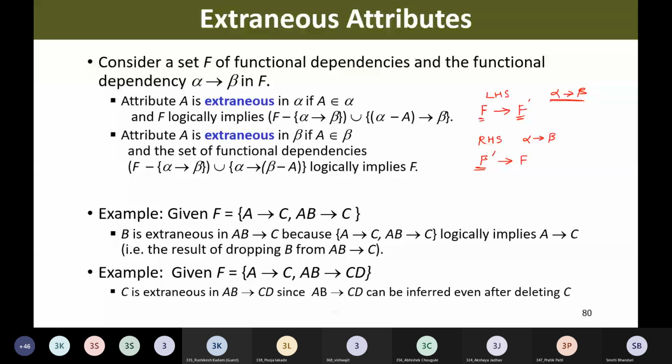I check whether F dash can determine the original set F. If yes, then I'll declare that the attribute under consideration is extra, so we can omit that and come up with the simplified set of functional dependencies.